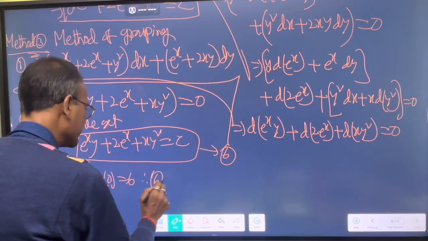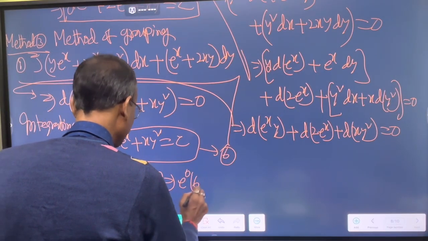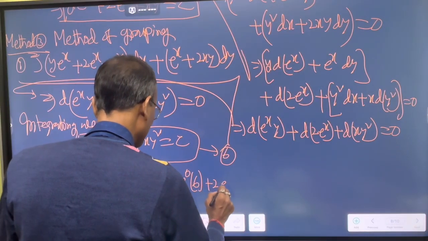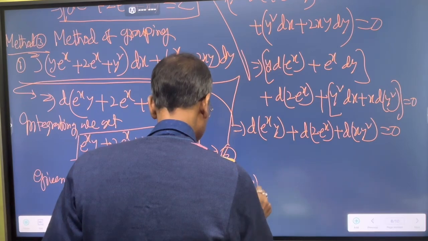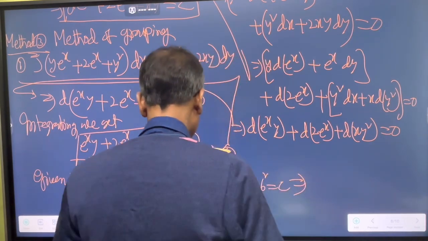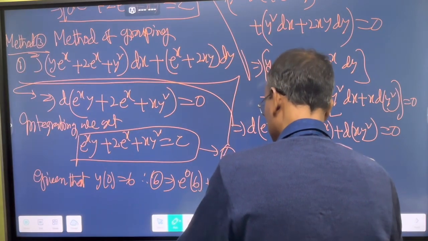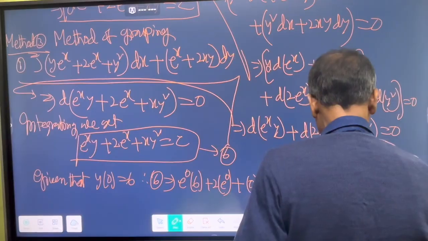Therefore, from (6) you will get e to the power 0 into 6 plus 2 times e to the power 0 plus 0 into 6 square equal to c. Or this will be 6 plus 2 equal to c. This means c equal to 8.